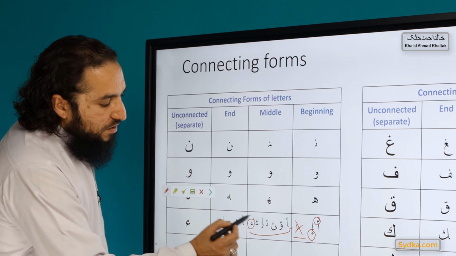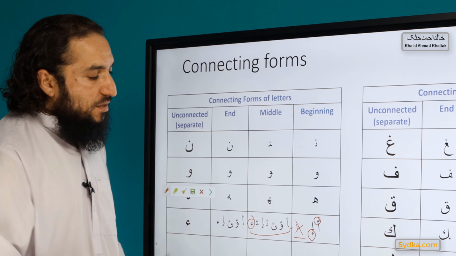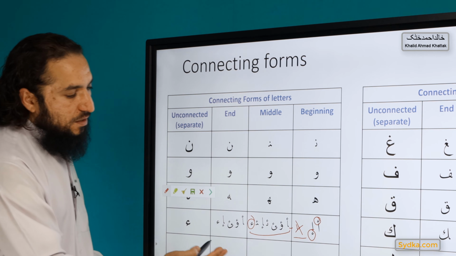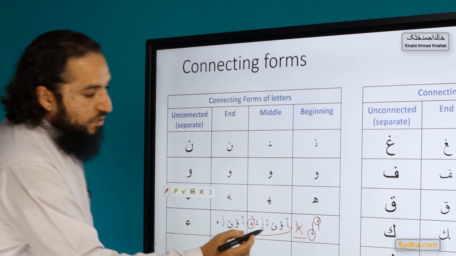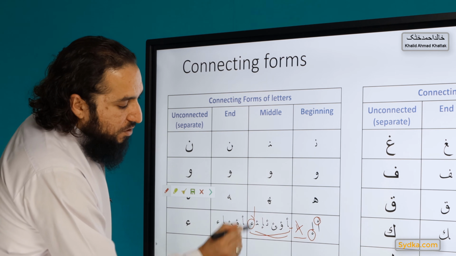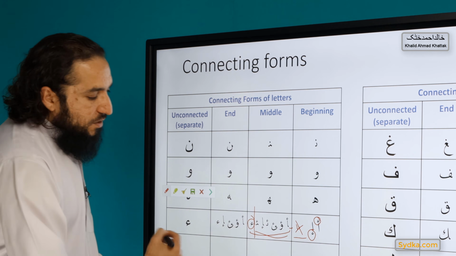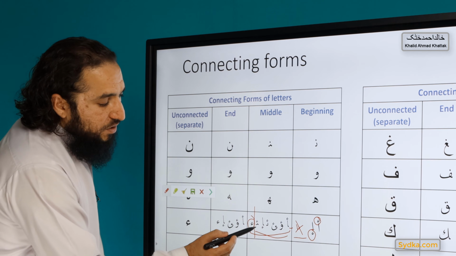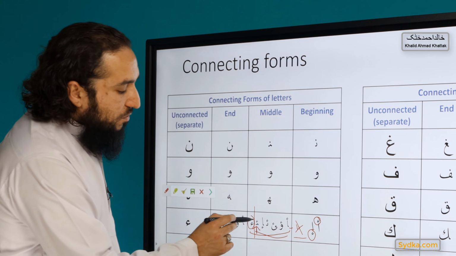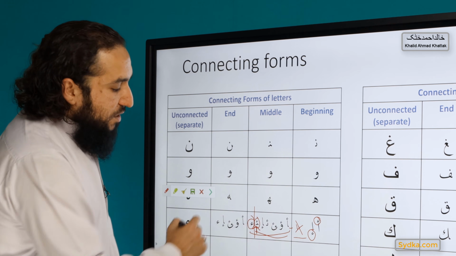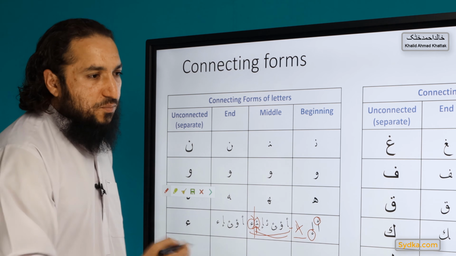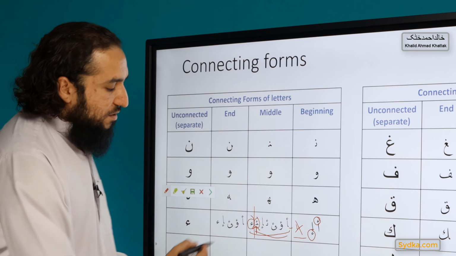And sometimes you can use it independently in the middle of a word, but you cannot connect other letters after it. You can connect letters before it under these conditions, but not in this one, and not after it. So in some forms you can connect, and in other forms you can't.